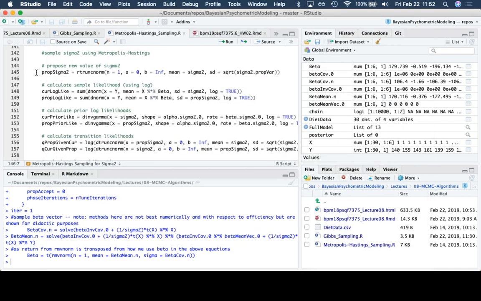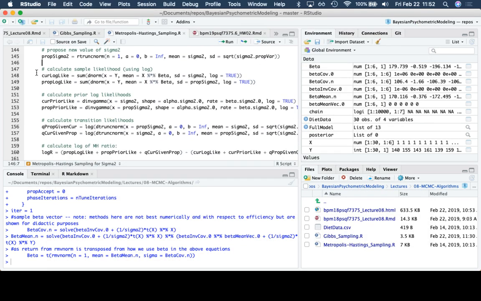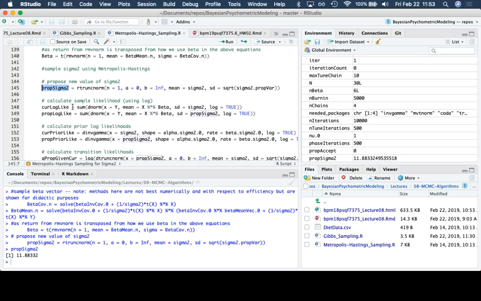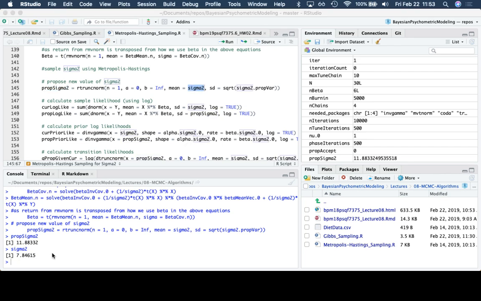So in the code, I know we just have a few minutes left. Basically, I propose a brand new value of sigma squared. I'm drawing from a truncated normal distribution here. So here's my proposed value. My current value of sigma squared is 7. My proposed value is 11. I'm drawing from a truncated normal where the mean is the current value.